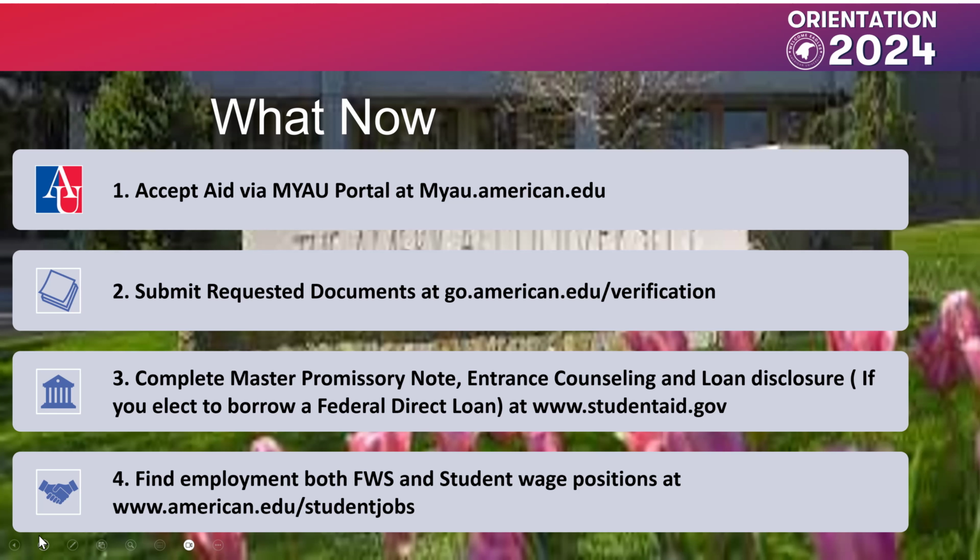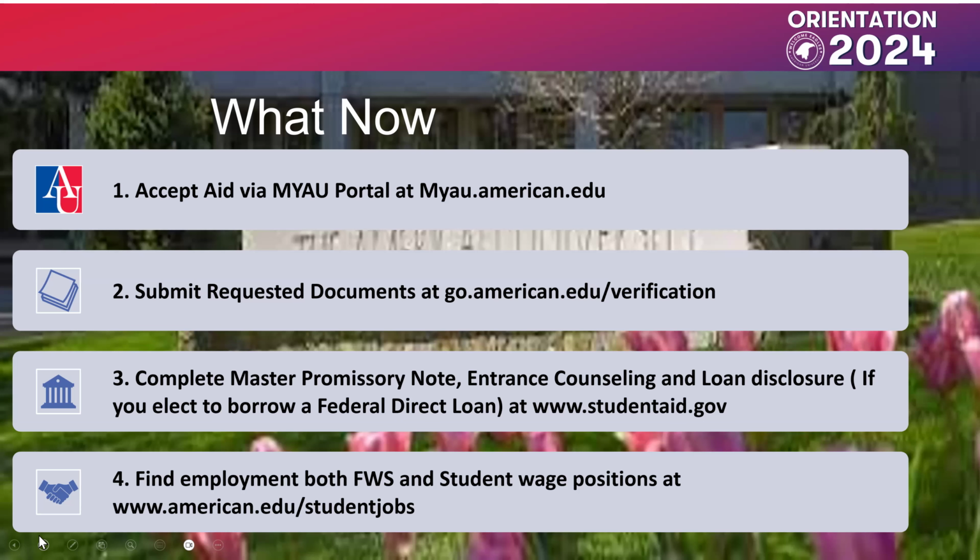That's only required for students that are electing to borrow student loans. Also, parents, if you're interested in securing a Parent PLUS loan, you can also go to studentaid.gov and select the option to apply for the parent loan for undergraduate students through that website as well.